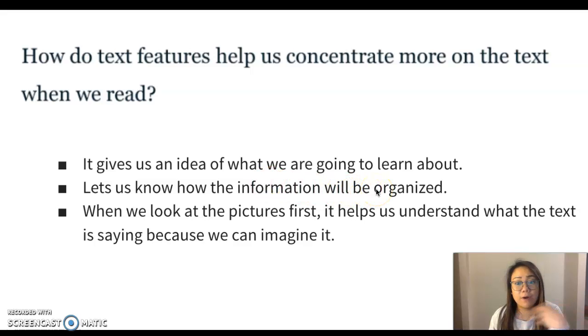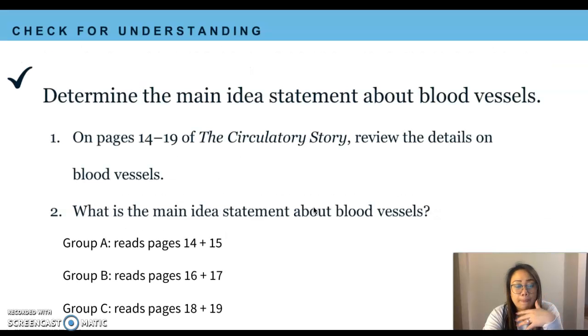So if it talks about a one-way street, it's probably talking about how the blood vessels only go one way. Also, when we look at the pictures first, it helps us understand because we can imagine and visualize it. So those are the ways that text features help us. There's also glossary, bolded words, diagrams, subtitles, and so forth.